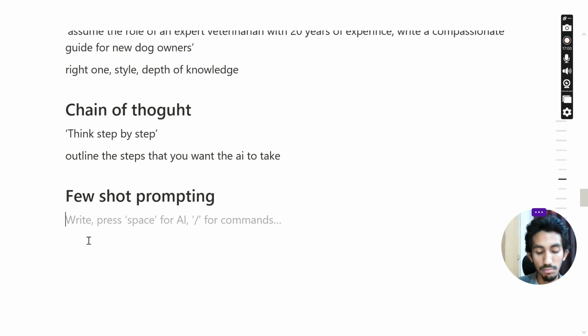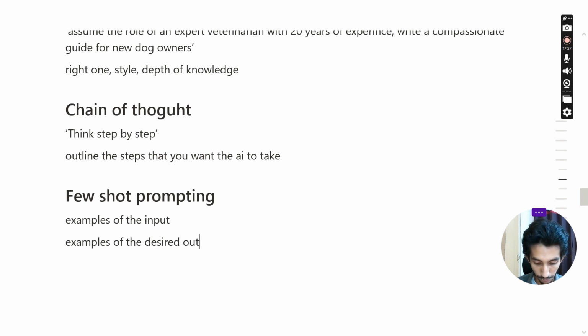So the key point here is sometimes the best way to get the output you want is to show the AI a few examples. Provide 2 or 3 examples of the input and the desired output style or format. So examples of the input that the AI will be working with, and then examples of the desired output.